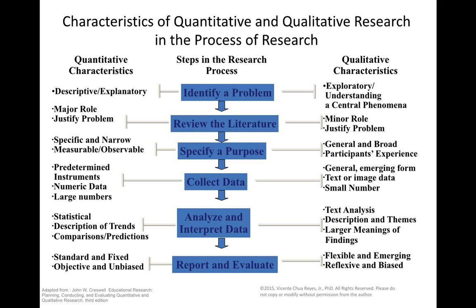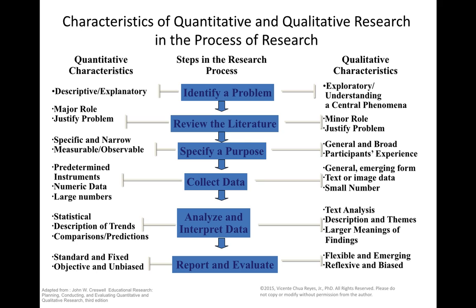You see that in identifying a problem, it's descriptive, it's explanatory. The review of the literature plays a major role because it justifies a problem. Specifying a purpose for quantitative studies is specific and narrow, and usually it needs to be measurable and observable. In collecting data, there is a preponderance of using predetermined instruments.